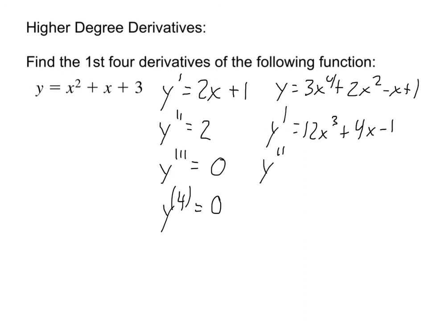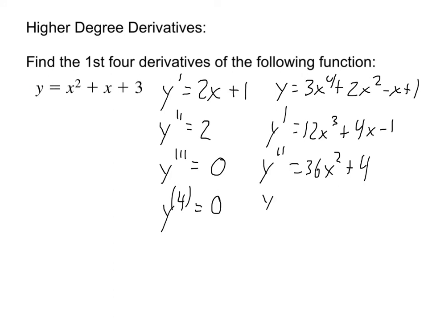Second derivative equals 12 times 3 is 36, x goes down by 1 power to x squared, plus that just becomes 4, and then the derivative of negative 1 is 0.